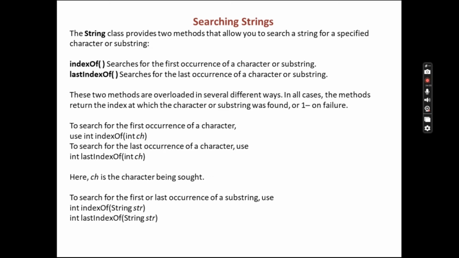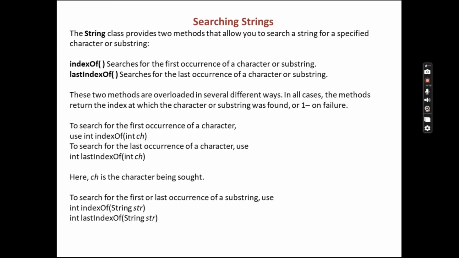These two methods are overloaded in all different ways. In all cases the methods return the index at which the character or substring was found, or -1 on failure. If it is returning -1, that means failure has occurred, and if it is not returning -1, it will return the index at which the character or substring was found.